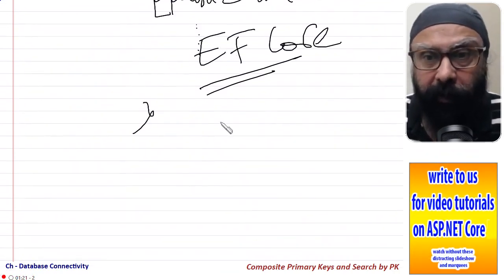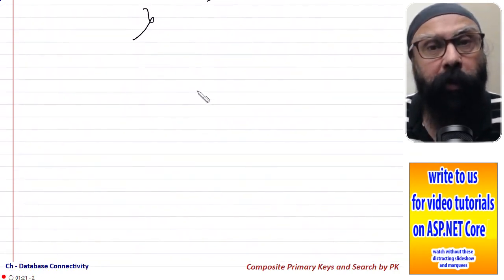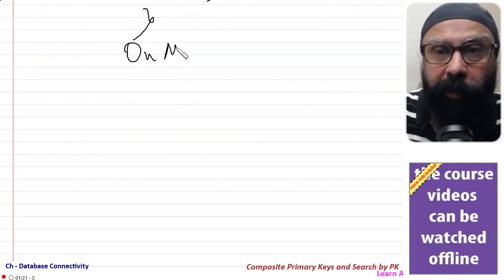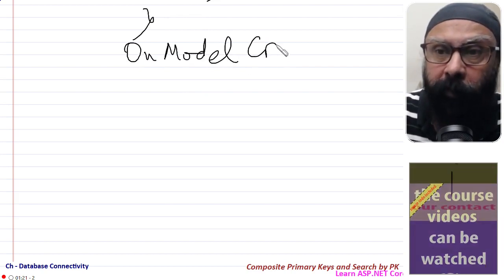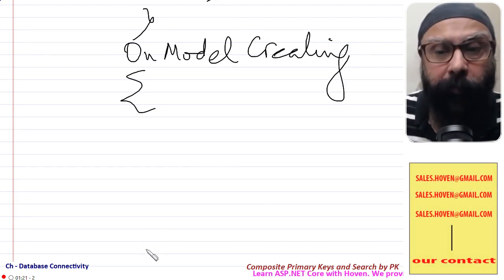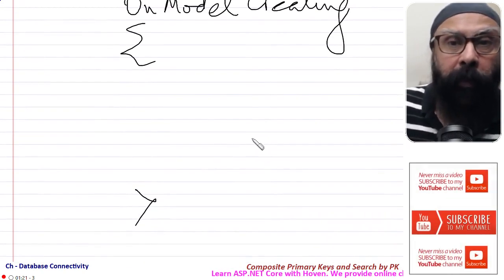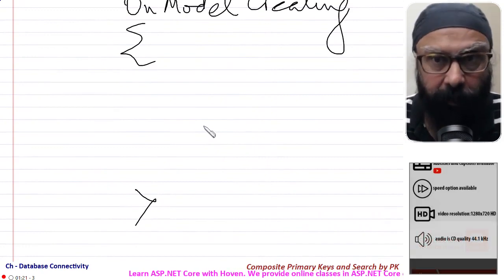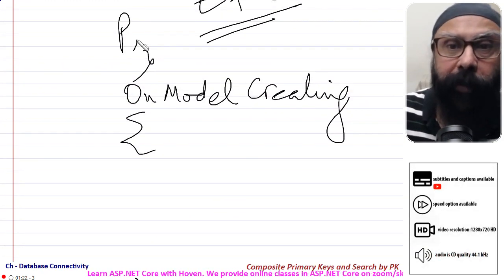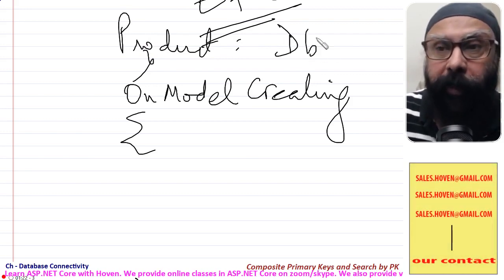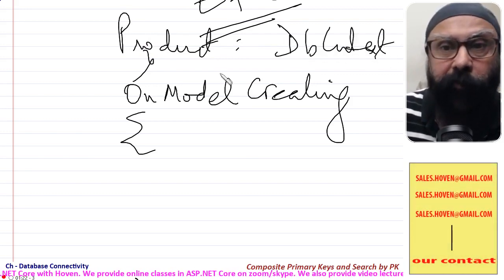For this, the method is that we have to specify it in the OnModelCreating override. This OnModelCreating override that you must be remembering is available when we override the DbContext class. So this is our ProductContext, let us say, and it is inherited from DbContext.